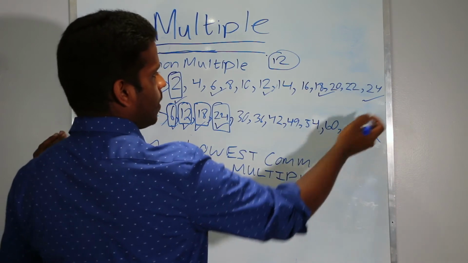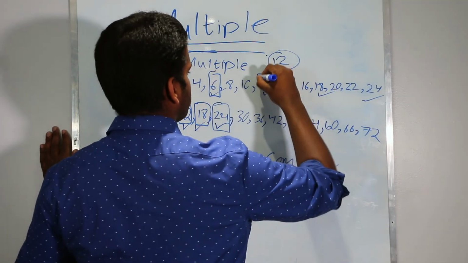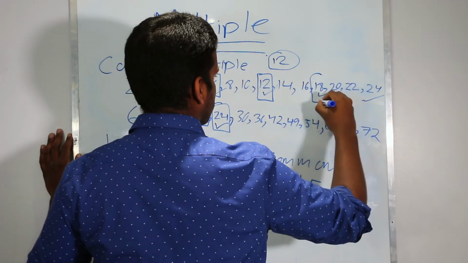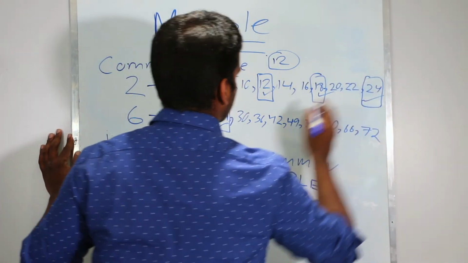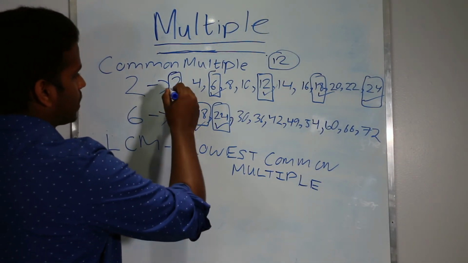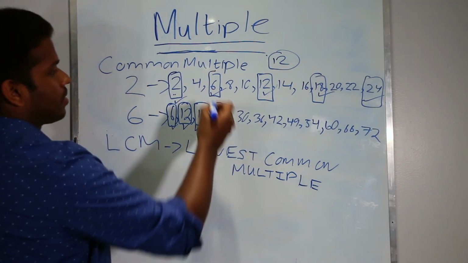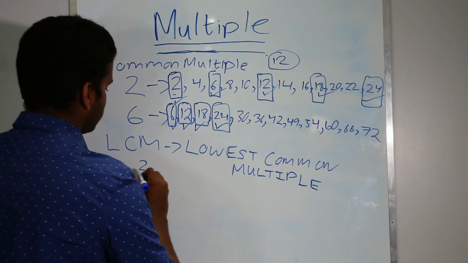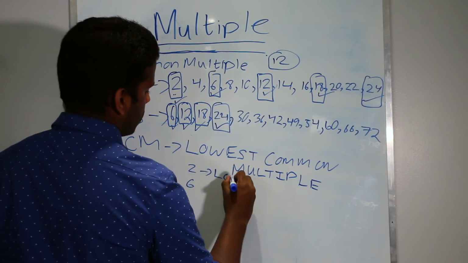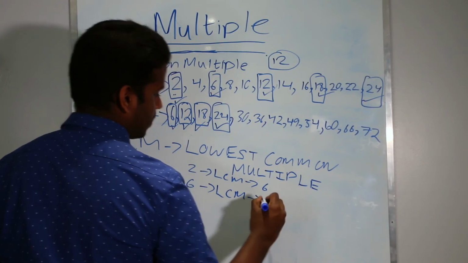These could go on, but since we stopped at 12 multiples, it stays there. So which one here is the lowest? 2 would be the lowest, but 2 doesn't appear in both lists. 4 doesn't. 6 does. So for 2 and 6, the LCM would be 6. And the lowest common multiple of 6 and 6 is 6.